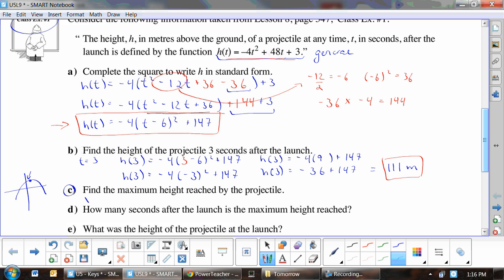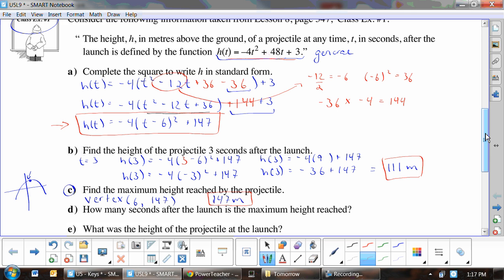So can I have someone put up their hand and tell me what the vertex is? Yep, Kevin? So the vertex is 6 and 147. And so we know that the maximum height is 147 meters. Okay?